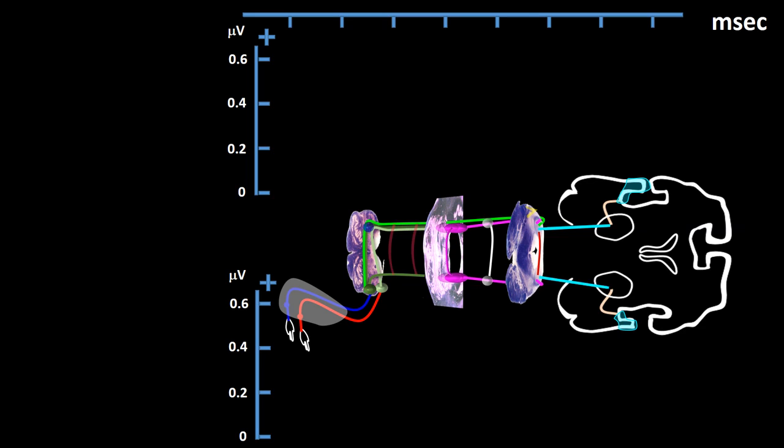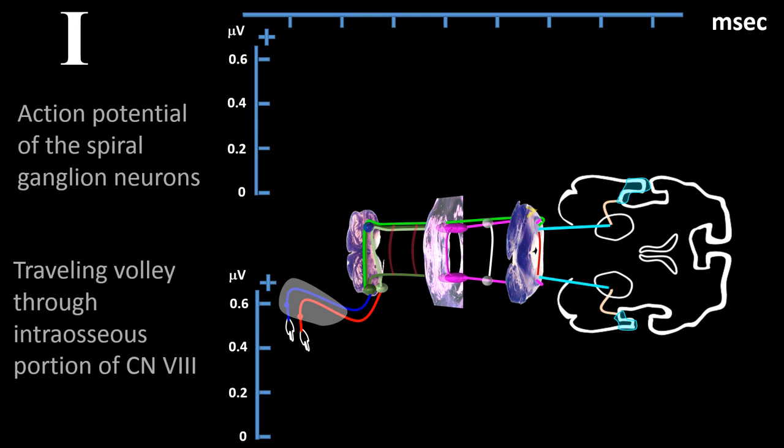I have now introduced the figure of the auditory system that I have shown you before. Wave 1 is due to the action potential that, starting in the spiral ganglion cells, travels through the interosseous segment of cranial nerve 8.